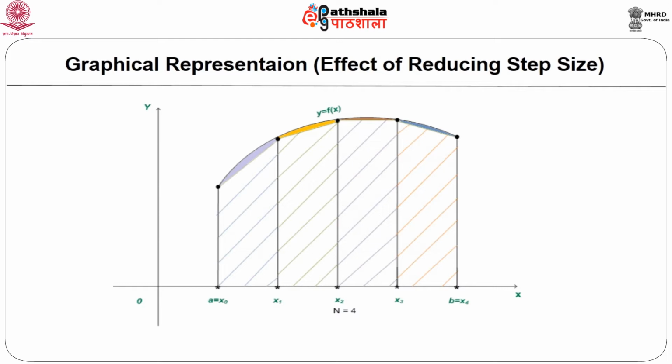Again the strips are getting further smaller, and we can see that the error is reducing step by step. So this very clearly shows that by applying the trapezoidal rule in composite form, we are able to reduce h, and that is why, theoretically and graphically, the error in the trapezoidal rule will decrease.